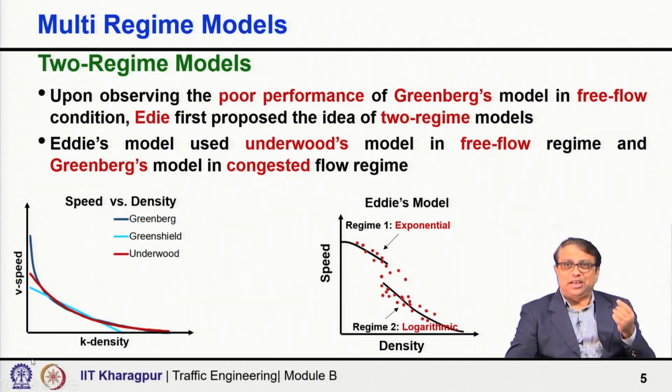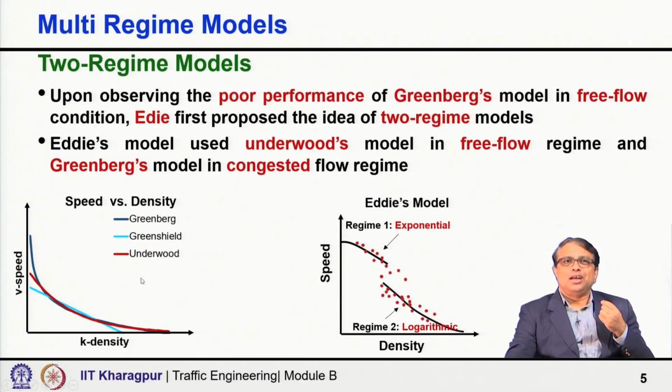The reasons I also explained, but in practical sense there will be a limit for the speed for various reasons, vehicle technology limitations, road engineering limitations. But it does not cut or touch the speed axis, the y axis. On the other hand, Underwood's model does not give 0 speed. Any density may be very small, but it does not touch the x axis, the density axis.